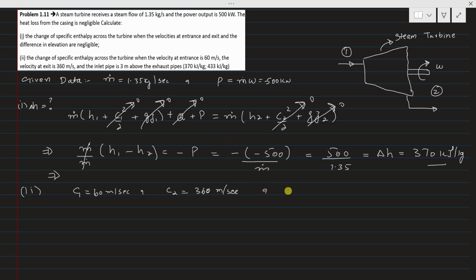So it means that Z1 minus Z2, the change in elevation, is equal to 3 meter. If these conditions are given, then we need to find the specific enthalpy. Now apply the steady energy equation.